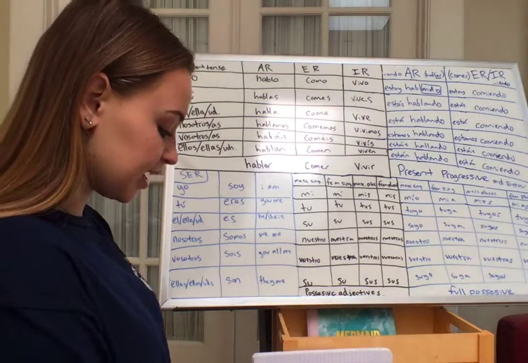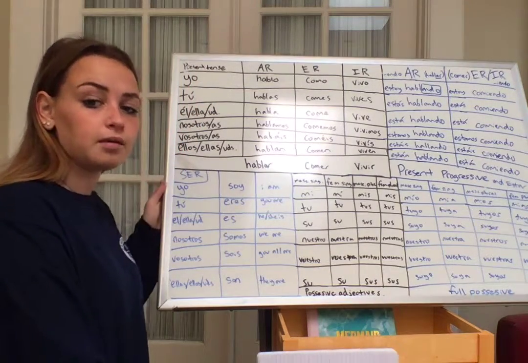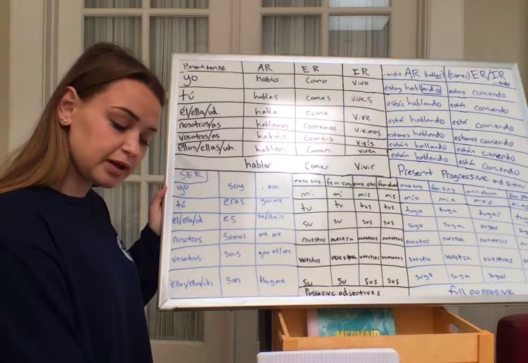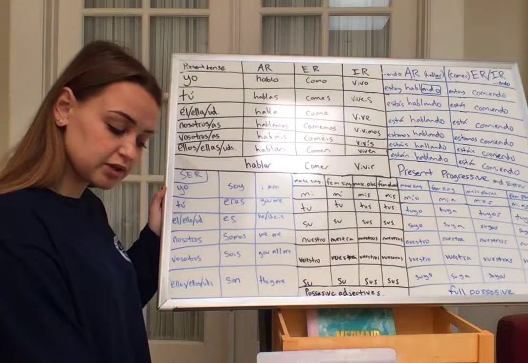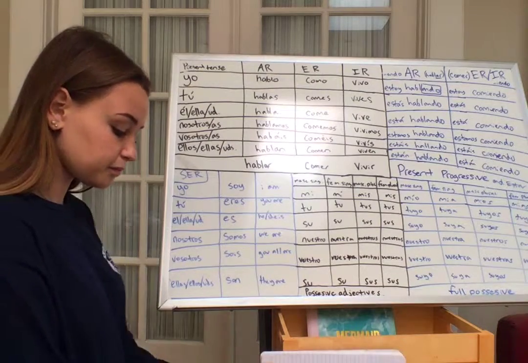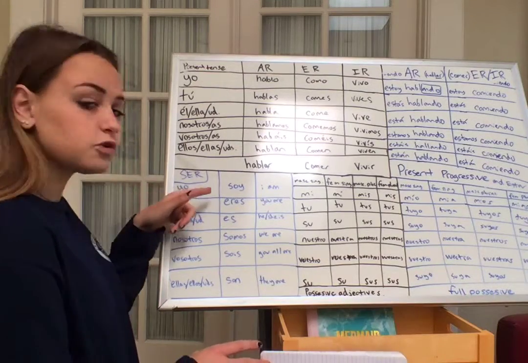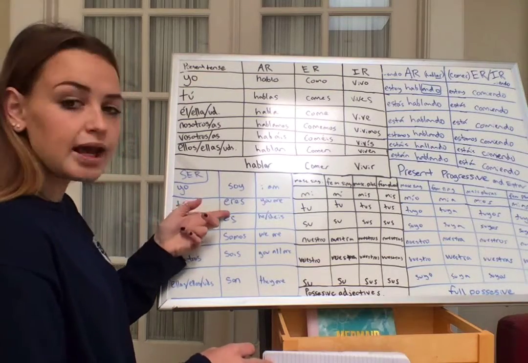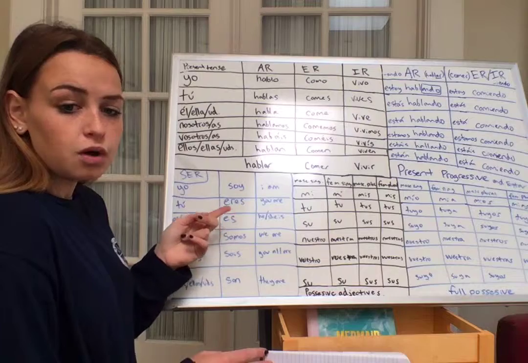Then we have ser, right here. Ser is what you use when you are trying to categorize people or situations or describe something. Yo soy, that means I am. Tú eres, you are.